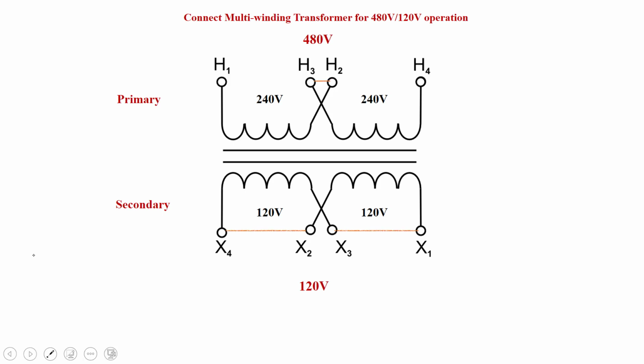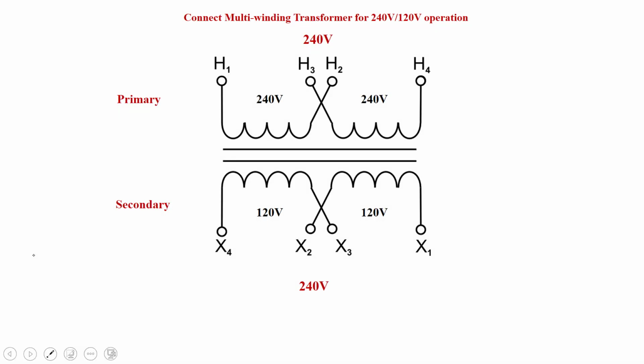Correct. 480 volts, we need that to split equally amongst the two windings so we don't exceed their rating. And on the secondary, we're going to use a parallel connection because each winding will produce 120 across, 2 to 1. 240 divided by 2 is 120. And we want to produce 120 out to supply our load, so we need the parallel connection.